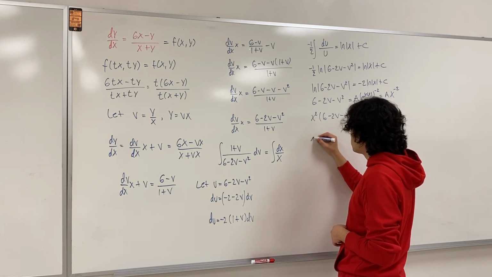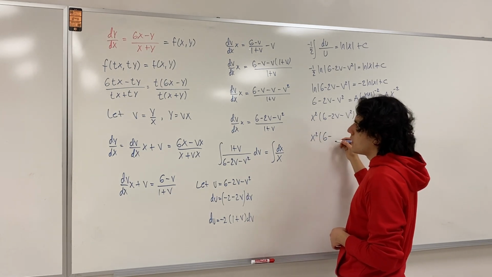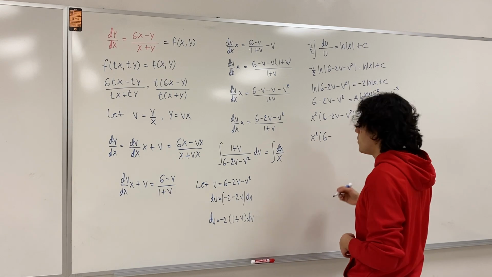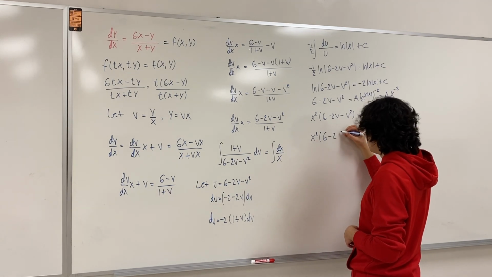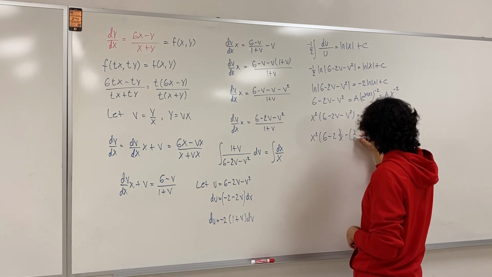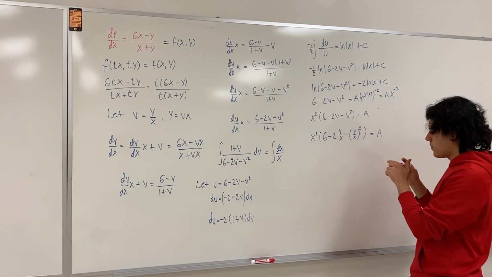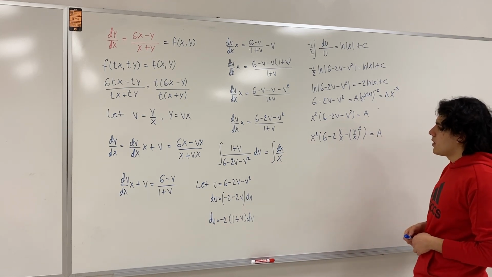So overall, we're just going to have x squared times 6 minus, so we had v equals y over x, so minus 2v, that is minus 2y over x, and then minus y over x squared, and then this equals a, okay? And this would be our final answer.